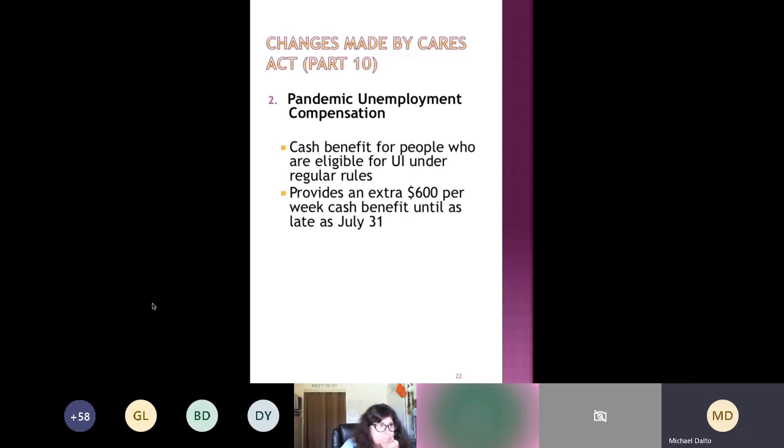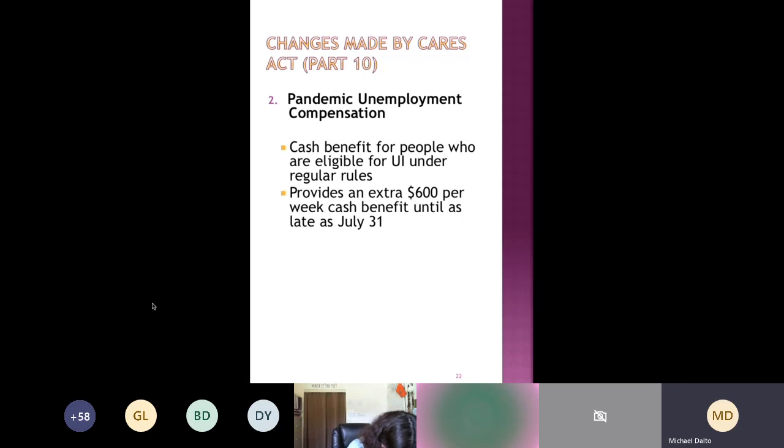Okay, so pandemic unemployment assistance is a big one, and that's why we spent so much time on it. The next two ways that the CARES Act expands unemployment benefits are, number two, pandemic unemployment compensation, which is different from pandemic unemployment assistance. By the way, this is rule number one for government bureaucrats trying to confuse the public: give different benefits very similar names.